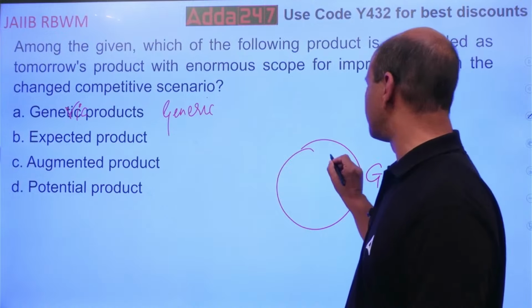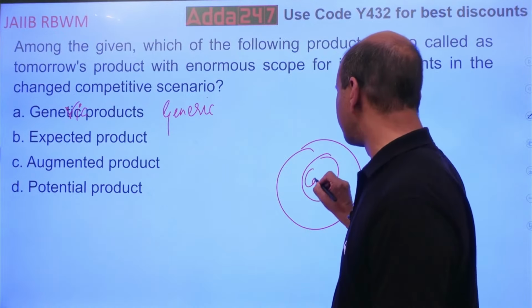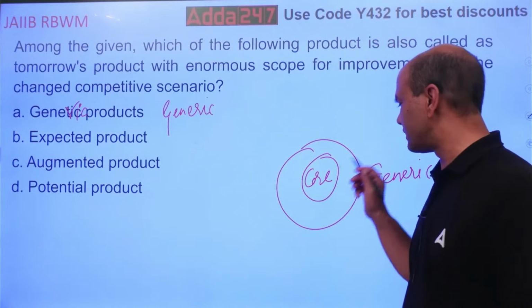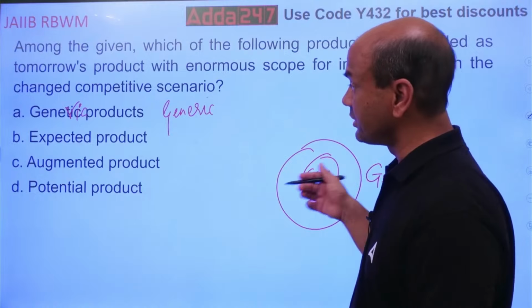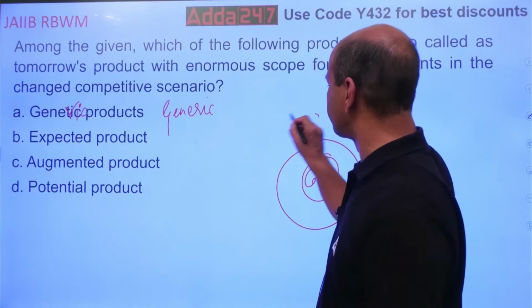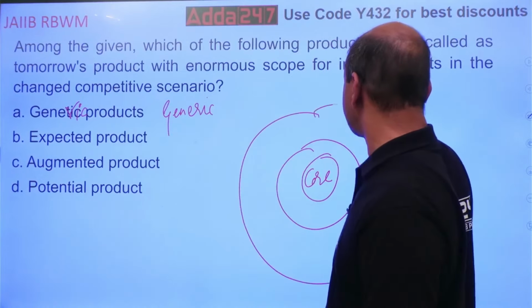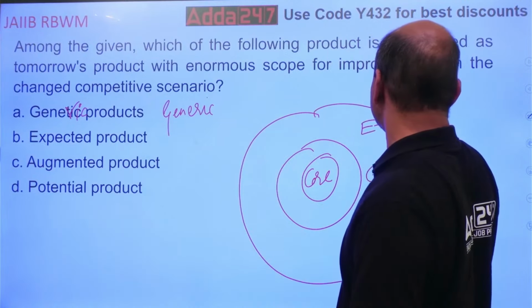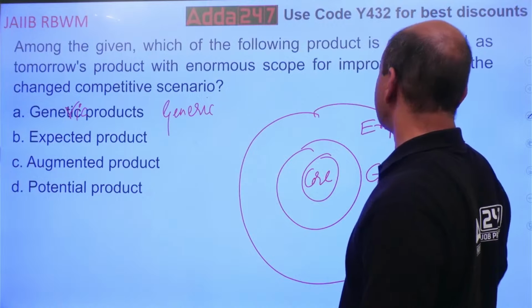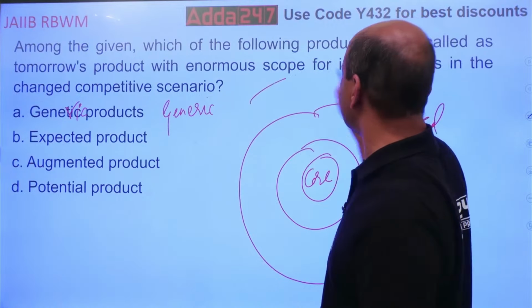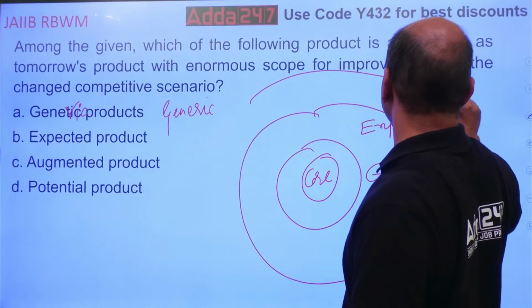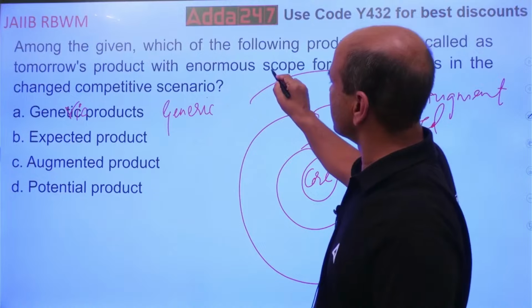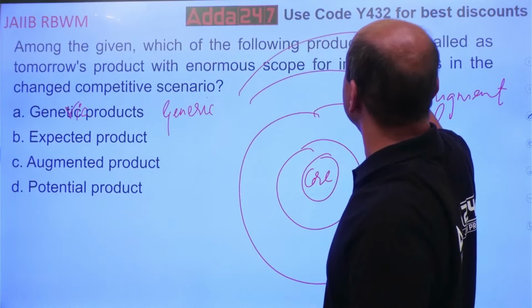Before the generic, there is one more product inside, that's called the core product. Core, then comes generic. From generic comes the next one, expected. After expected comes augmented. And the last one is the potential product.